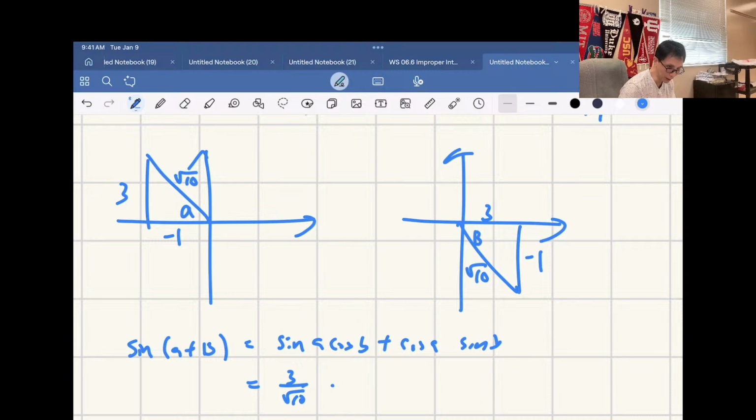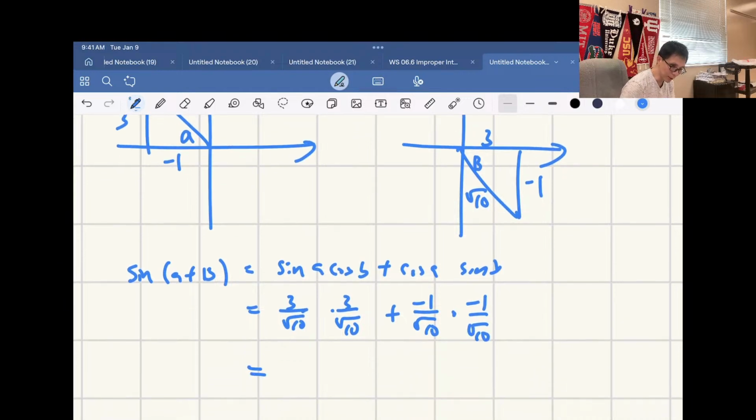Cosine of B is what? 3 over root 10 plus cosine of A, -1 over root 10, times sine of B. Actually, sine of B is negative 1 over root 10, right? So this ends up being 9 over 10. This one is going to be plus 1 over 10. So that is equal to 1. Oh my god, that's an easy answer.